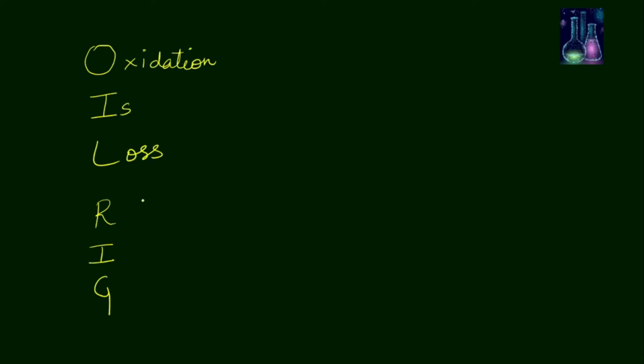Now, to understand redox reaction in terms of electron transfer, where we understood that oxidation is loss of electron and reduction is gain of electron, we have a mnemonic, that is OIL RIG, where oxidation is loss and reduction is gain of electrons.